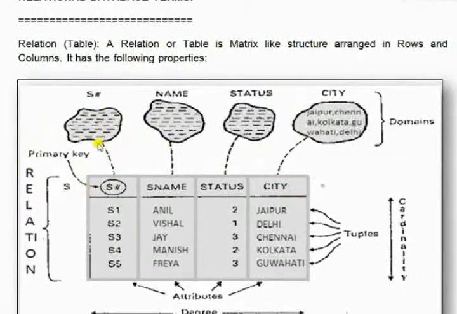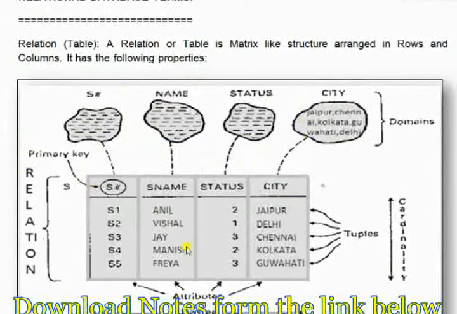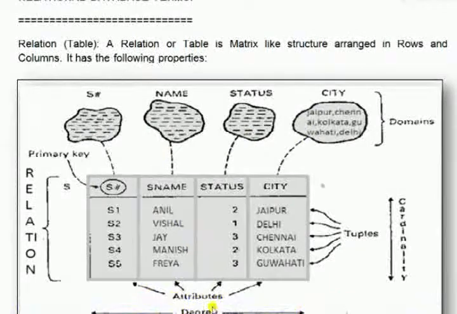These fields are called attributes, and the rows are called tuples, and the number of rows present in the table is called cardinality.